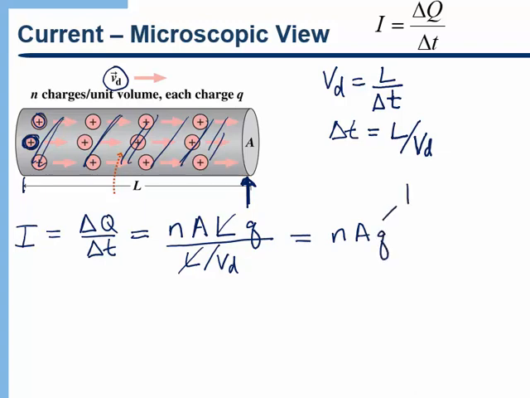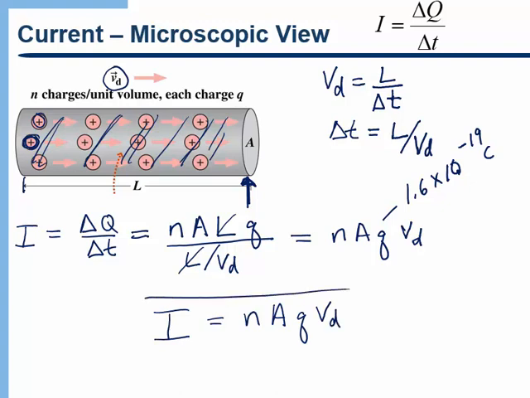That's just the charge on an electron, 1.6 times 10 to the negative 19th, and then times the drift velocity, how fast the electrons move in the metal. So we figured out that current is related to the density of the charges in the metal times the cross-sectional area of the wire, the charge on each of our charge carriers, and the drift velocity.